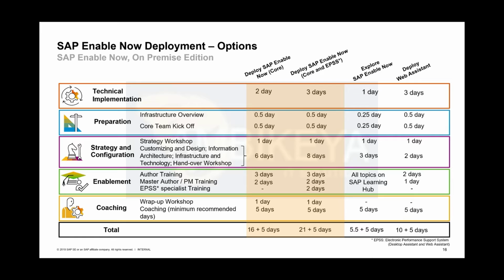I believe it's always related to the starting point: where are you coming from, and what's the intention of usage? If you're within a project, usually this is just calculated in and easily sold. But if you say we just purchased Enable Now, but we are not sure what we're going to do with it, it's cool somehow, but we don't have a use case, then I personally would always try to focus on an explore phase to get this done.